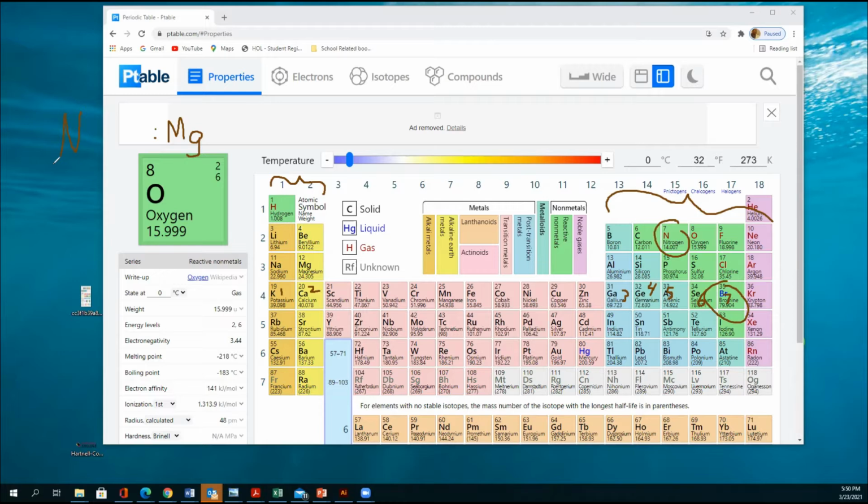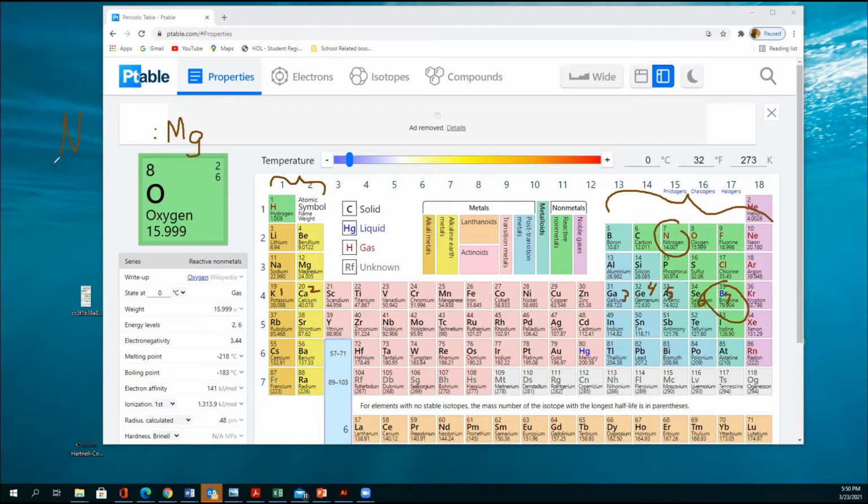Okay, let me see if I can change that up a little bit and broaden our thought on it. Valence electrons are the electrons that are going to be available to do reactions, right? And we're going to use these electrons to try to become stable like the noble gases, right?